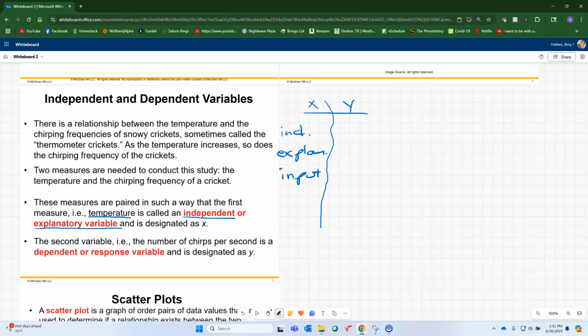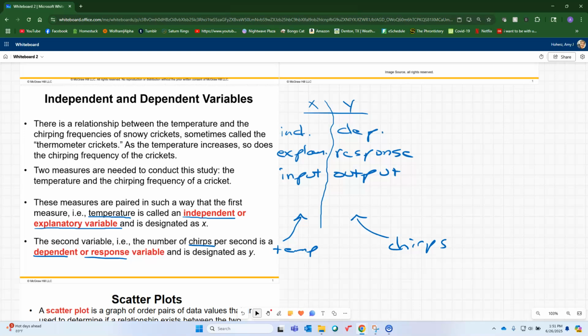And then the y, in this case the chirps, would be the dependent or response, or we also can call it the output. And in this case, for this situation, this is the temperature, and this is the chirps.